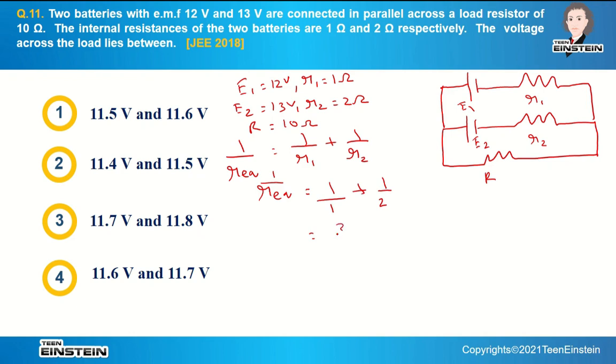This will become 3 by 2, so R equivalent will become 2 by 3. So your R equivalent is 2 by 3 ohm.